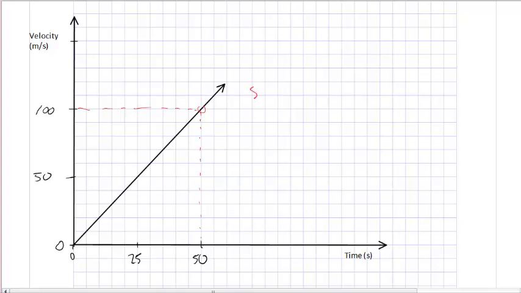And if I calculate slope, which is rise over run, my rise is going to be change in velocity, and my run, the x-axis, is going to be change in time. And so, if I do that, my change in velocity is 100 minus 0. My change in time, 50 minus 0.